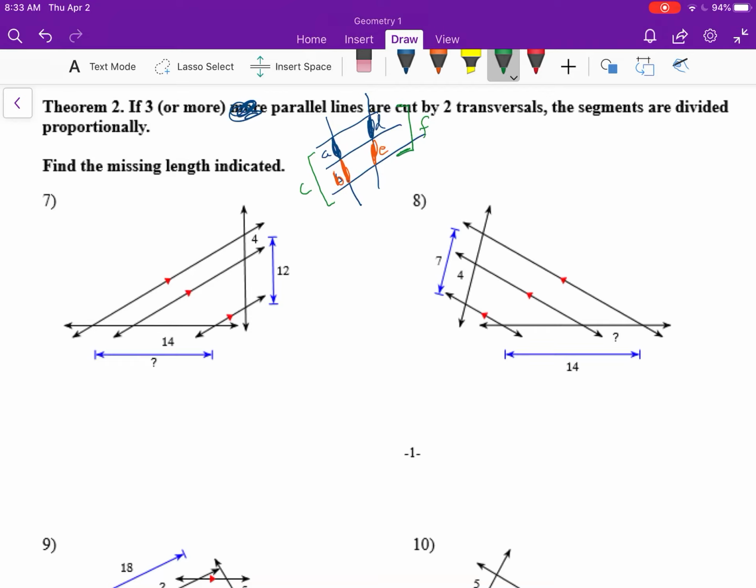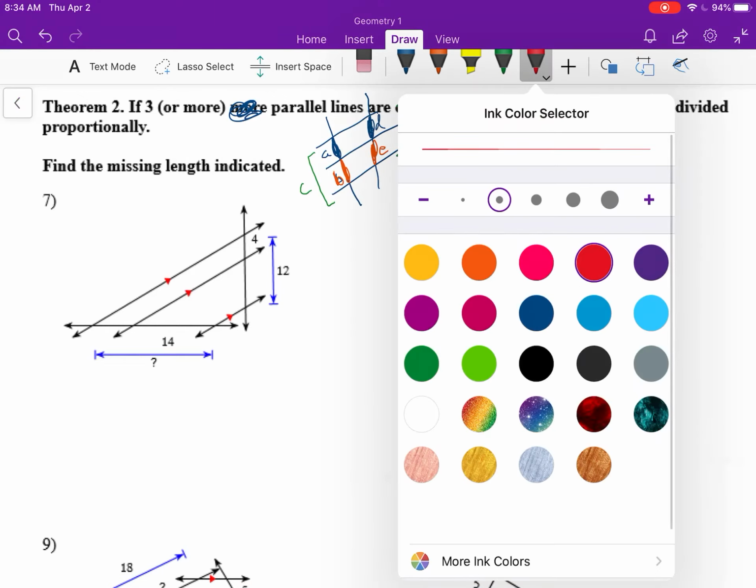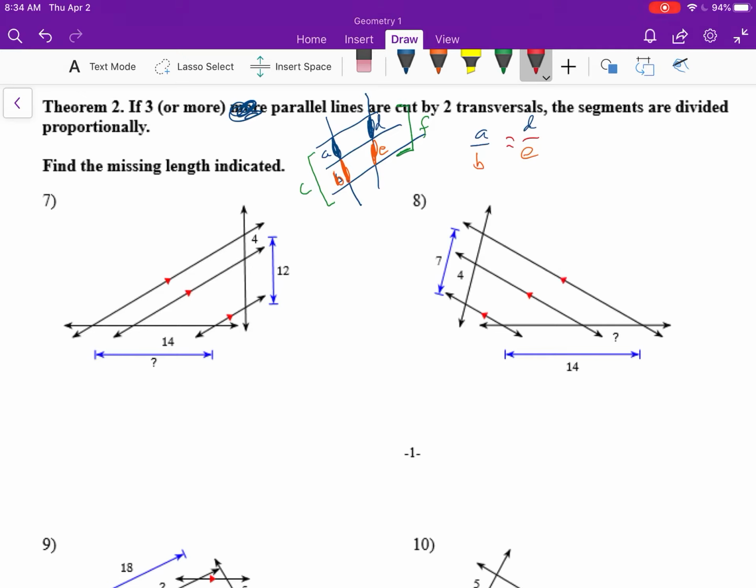We have lots of different ratios we can write here. We can say A over B equals D over E. So that's one of them. I'm going to stop using the colors because it's a pain to keep switching. We'll just keep red.